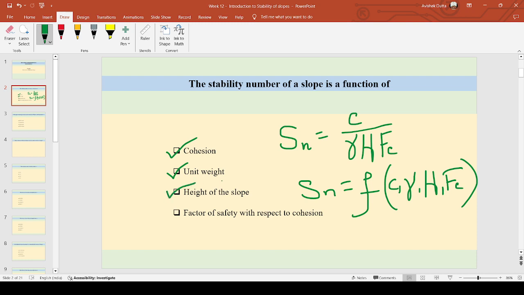And also it is dependent on the factor of safety with respect to cohesion, here also inversely proportional. So the stability number of a slope is a function of cohesion, unit weight, height of the slope, and factor of safety with respect to cohesion. So all the options are correct. I hope it was clear. I'll go to the next question.